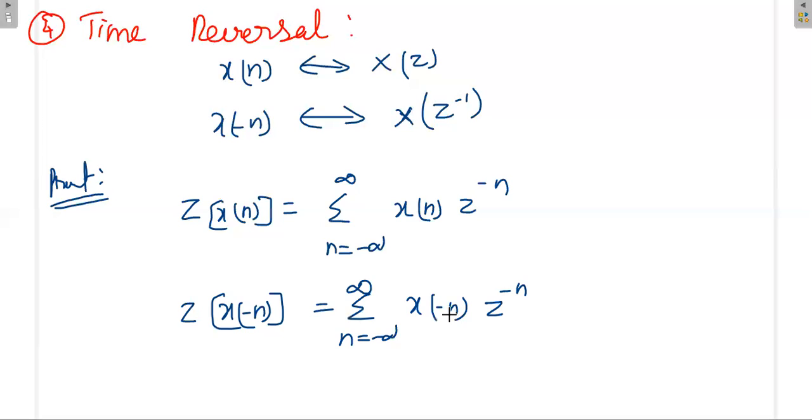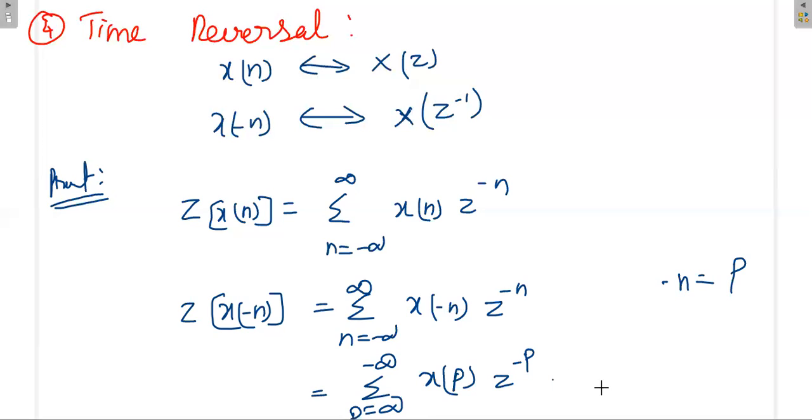Now we can substitute minus n is equal to some new variable, that is p. Again, the summation varies from plus infinite to minus infinite, that means p varies from plus infinite to minus infinite. X of p, z power n is equal to minus p.